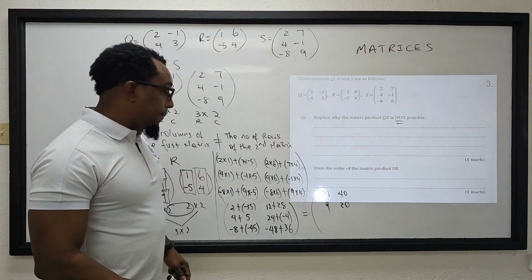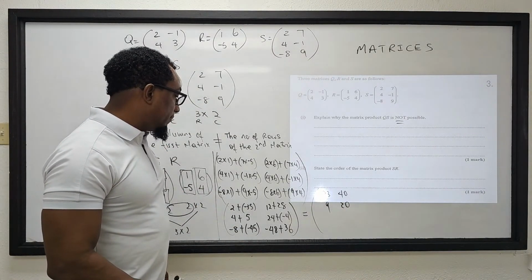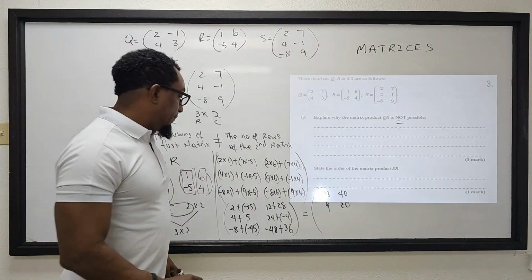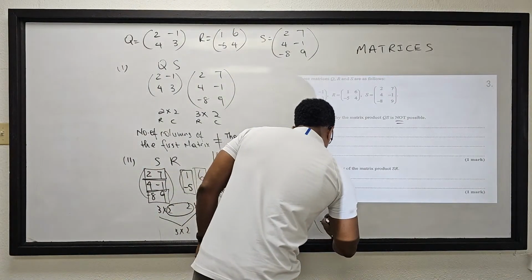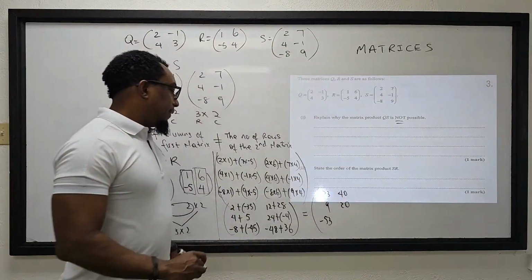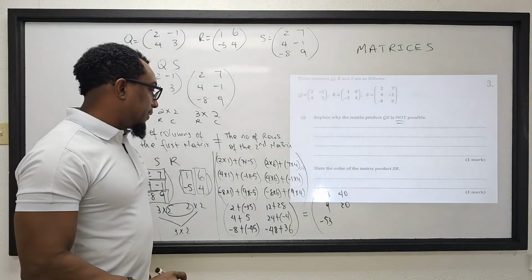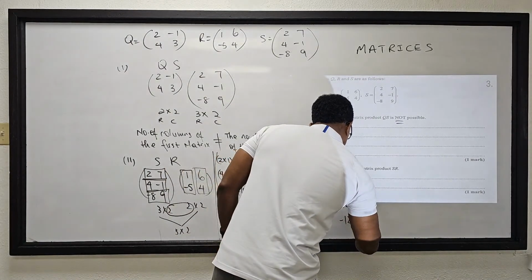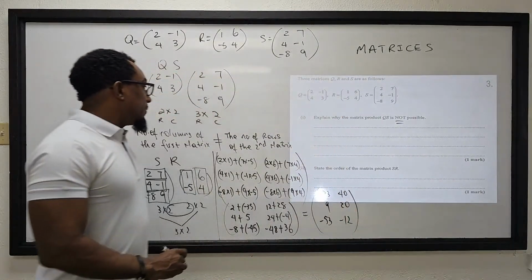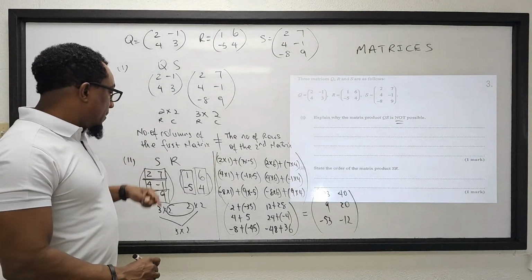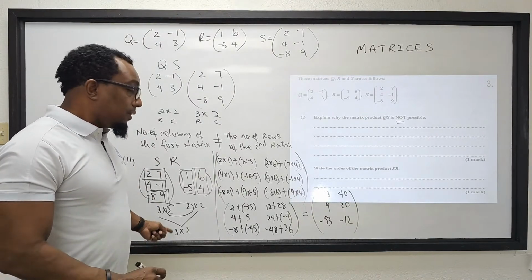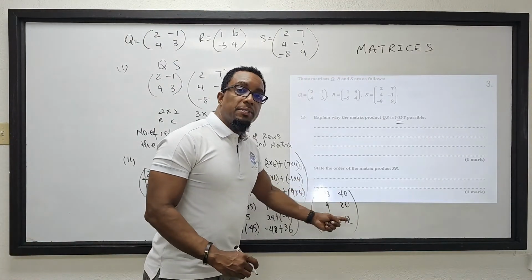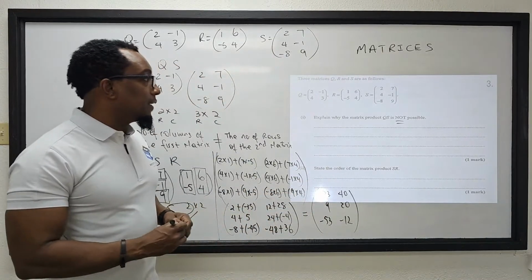Plus by a minus is a minus. Negative 8 subtract 45 will give us negative 53. And negative 48 plus 36 will give us negative 12. So that is the end result when we multiply S by R. The end result here is a 3 by 2: 3 rows running horizontally, 2 columns running vertically.